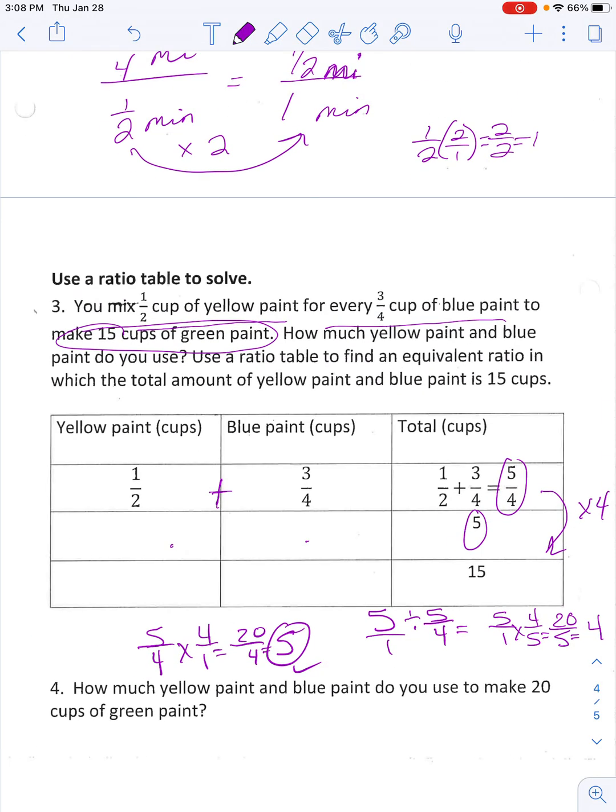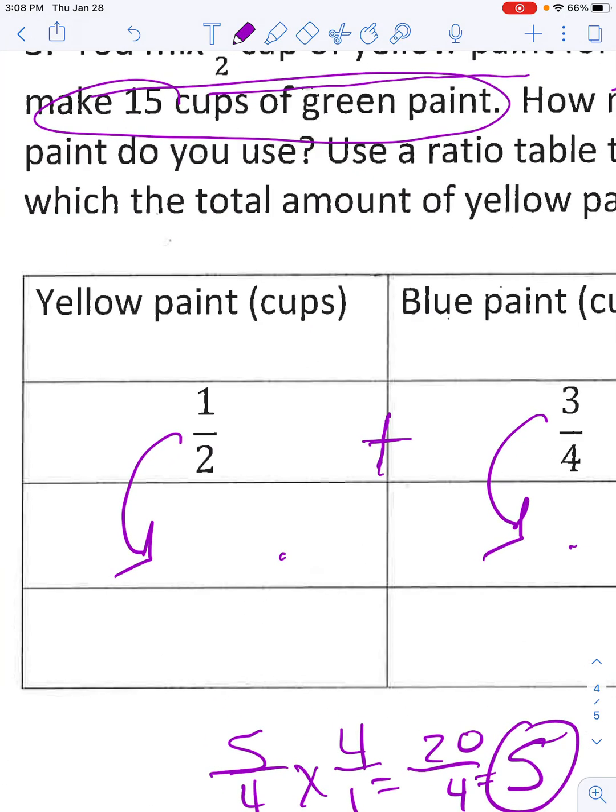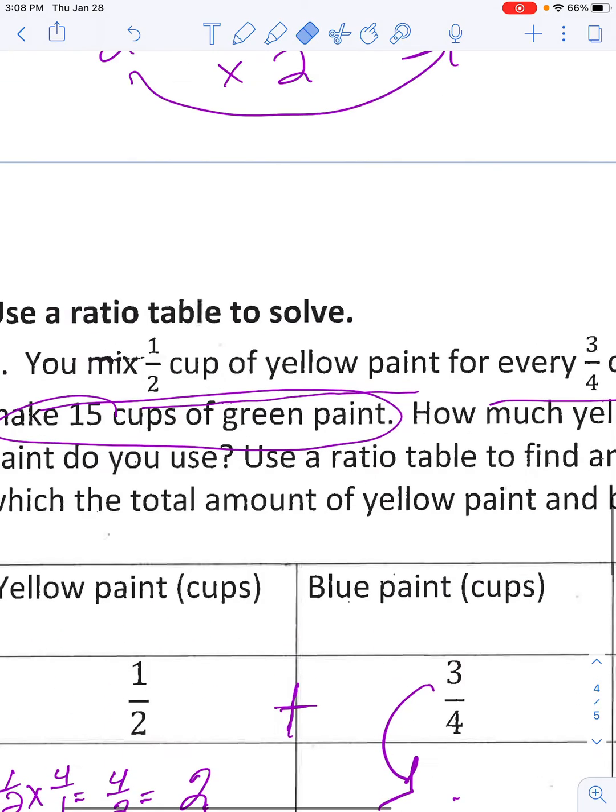Now we can multiply this by 4 and this by 4. 1/2 times 4 is 2 cups yellow.